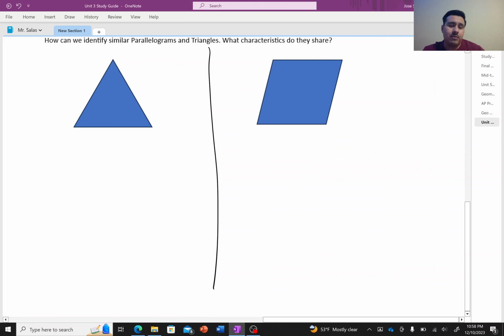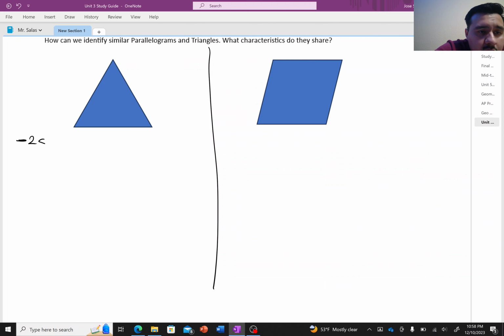So the first thing that we learned was that two sides of a triangle have to be parallel, right?